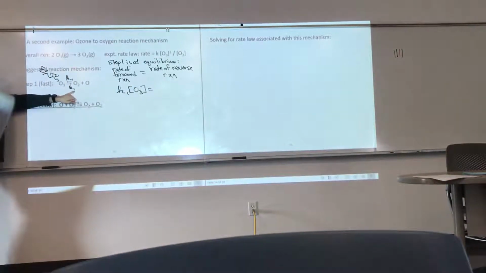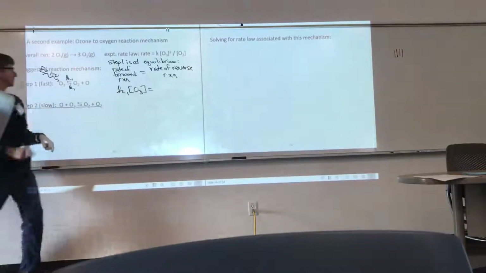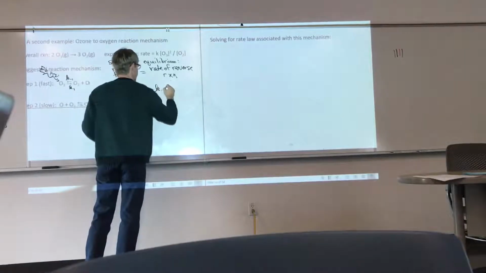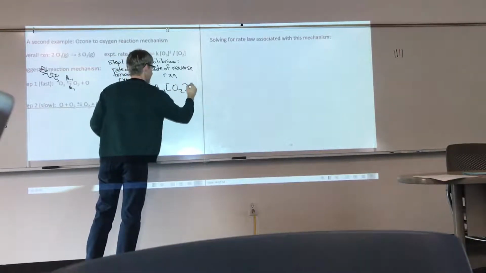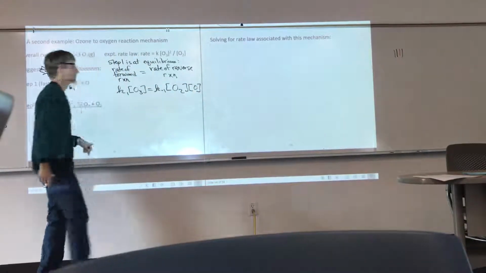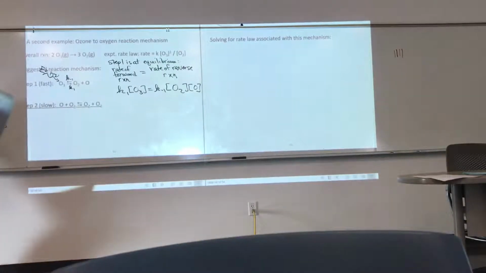The rate of the forward reaction is k1 times the ozone concentration. The rate of the reverse reaction is k minus 1 times the oxygen molecule times the oxygen atom.